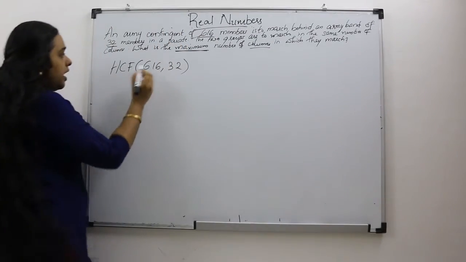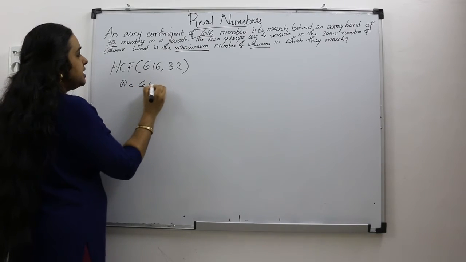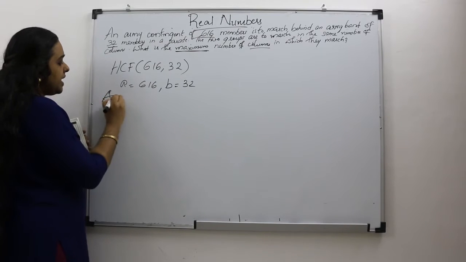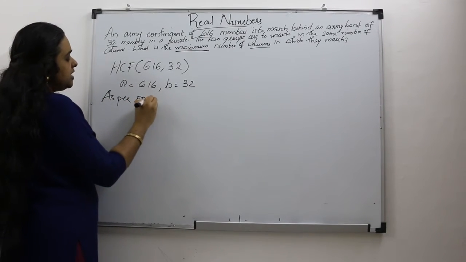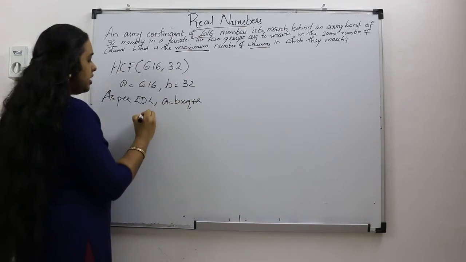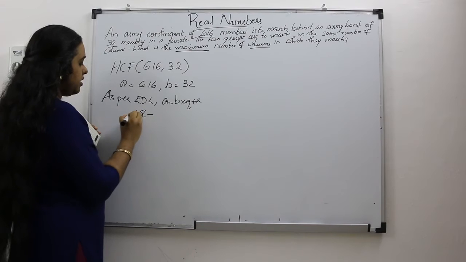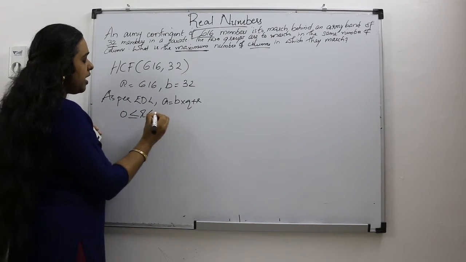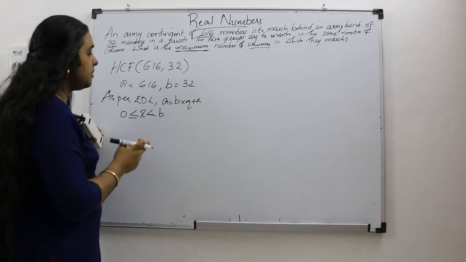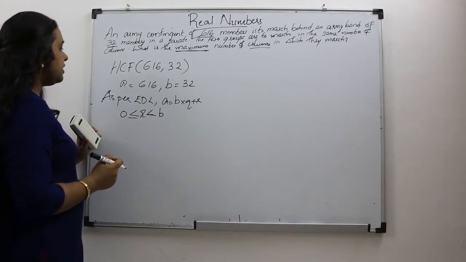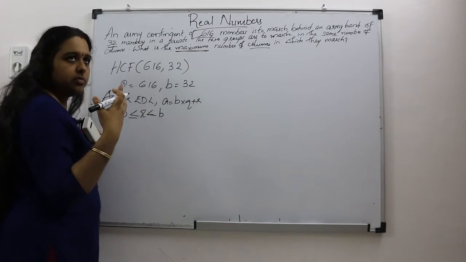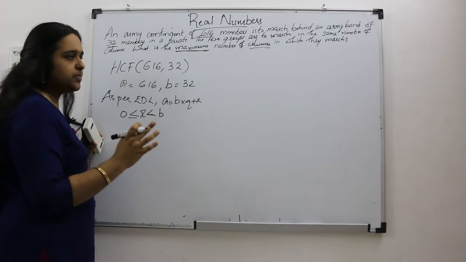Listen carefully. Here A equals 616, B equals 32. As per Euclid's division lemma, A equals B into Q plus R, where 0 less than or equal to R less than B. Euclid's division lemma, theorem, or algorithm, all are the same.